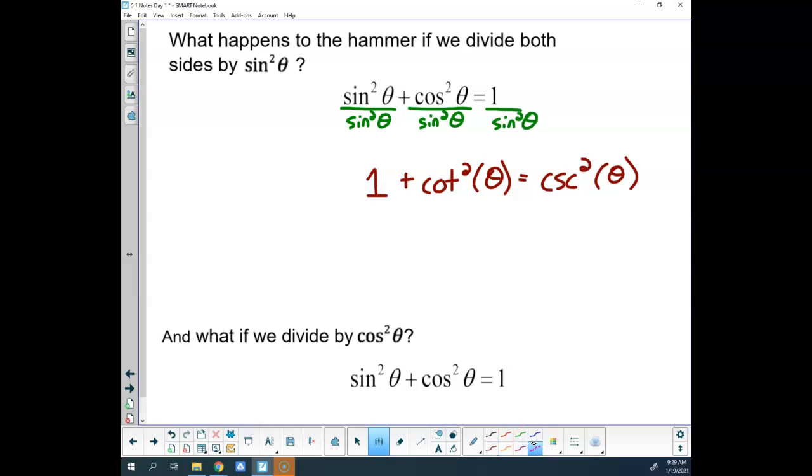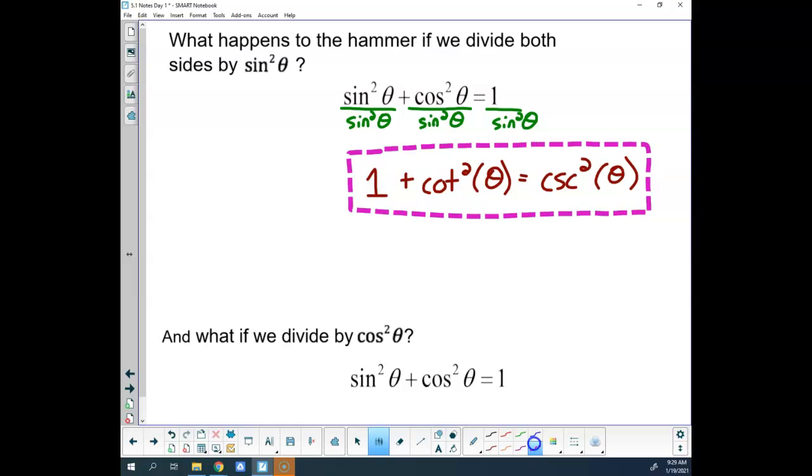And that, ladies and gentlemen, is another trig identity that you now have in your toolbox. We're going shopping at Harbor Freight, and we're getting new tools. This tool is number 10 on your pink sheet.